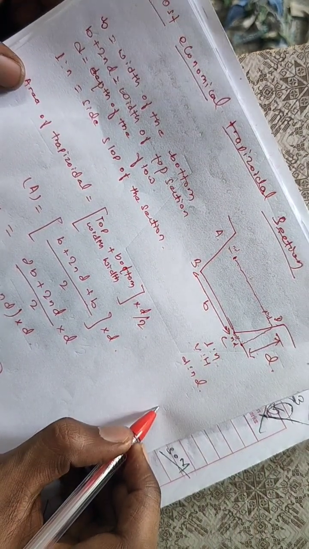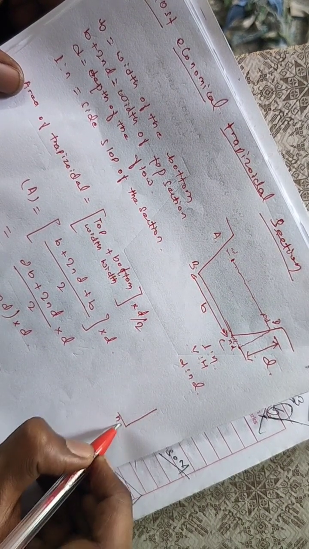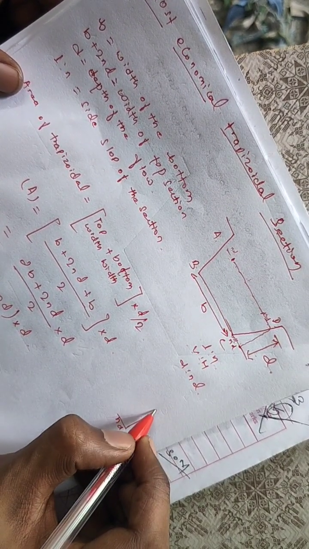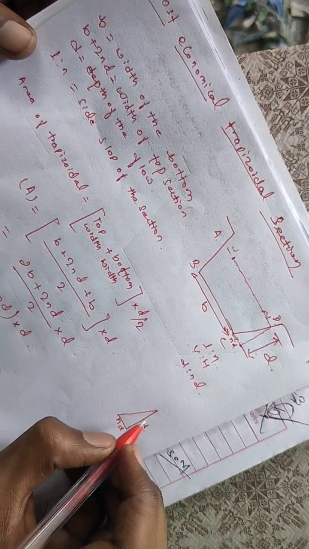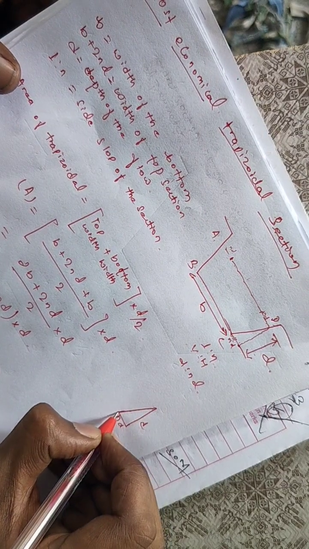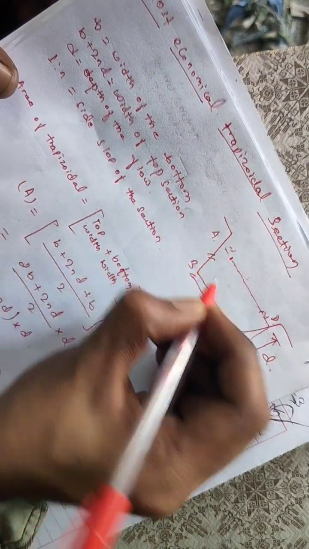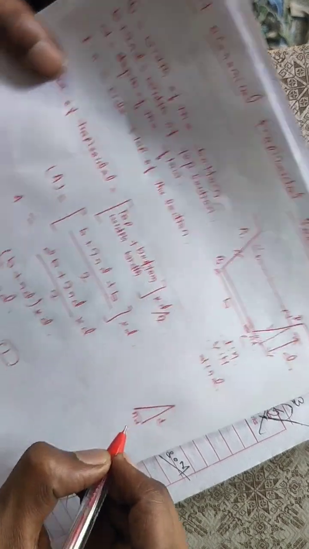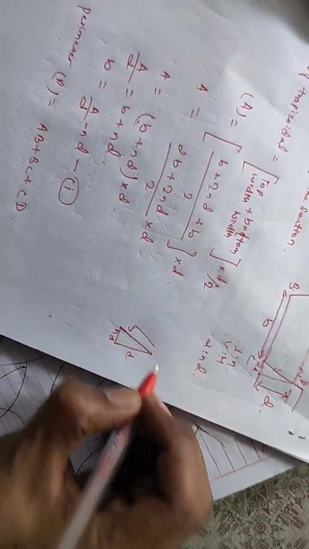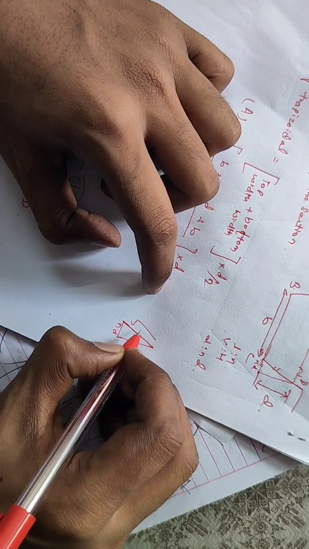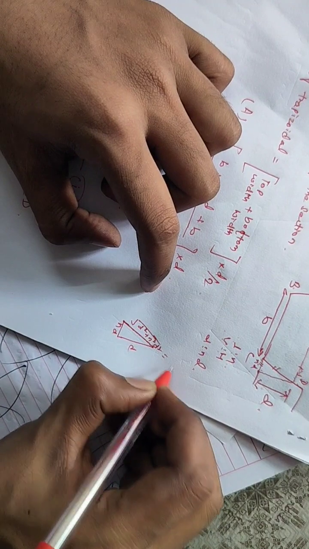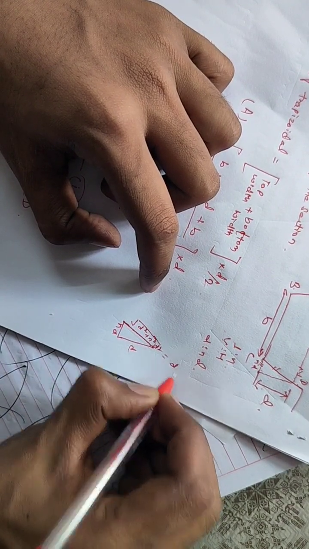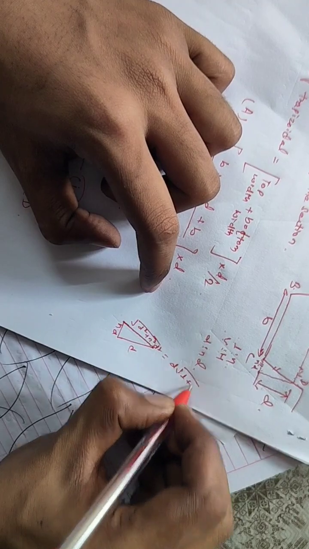Here we get nd, here we get d. As you know, the length of AB, which is equal to CD, will be root under p square plus b square, means d square plus n square d square, which is also equal to d square common outside, root of 1 plus n square.